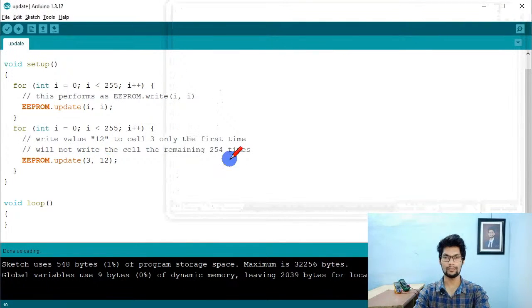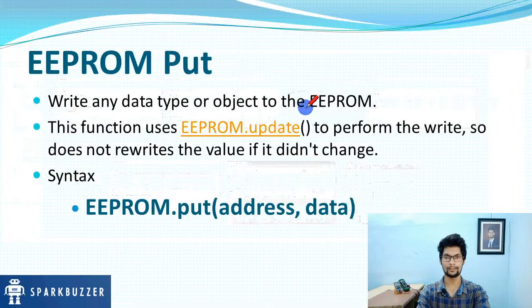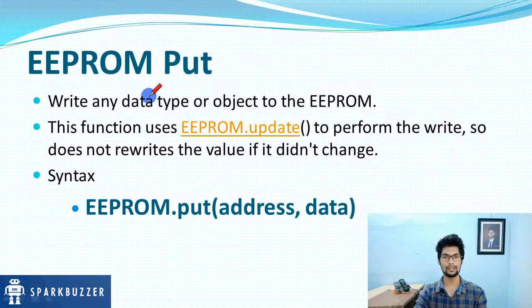Now we will use the put method. Why is this put method used? This method is used to write any data types or objects to the EEPROM. What is the difference between the put and write functions?